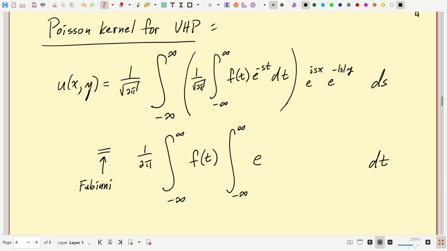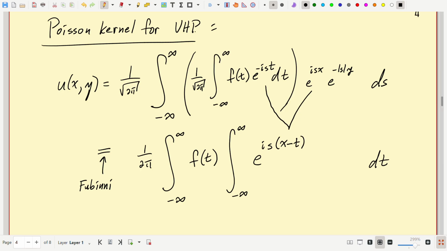Oops. What am I doing here? This is e to the minus ist. So I get e to the is times x minus t. This one is a plus x, this one is a minus t.